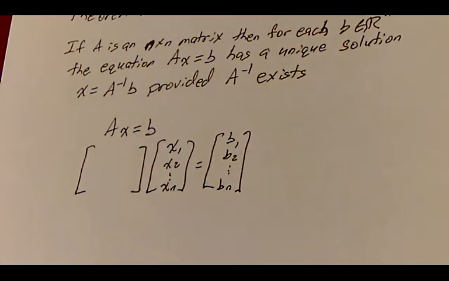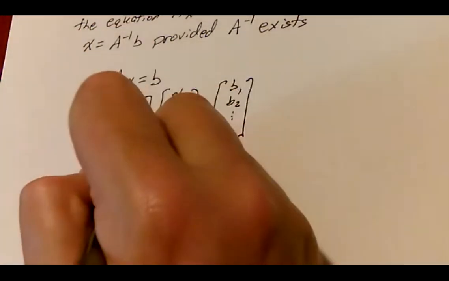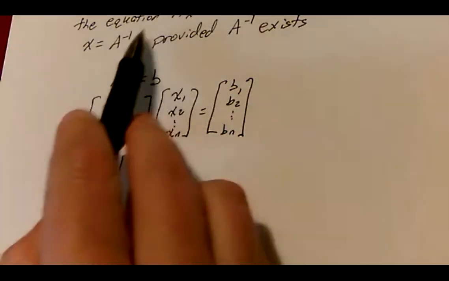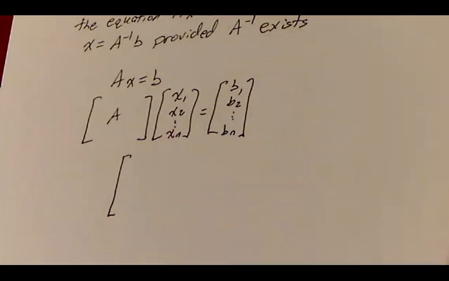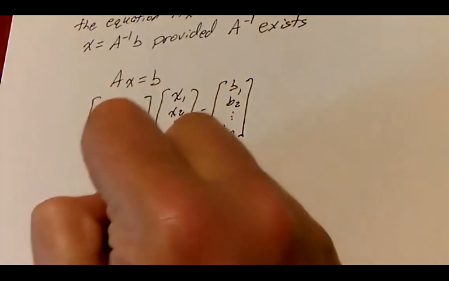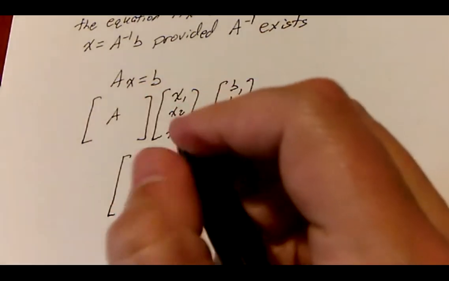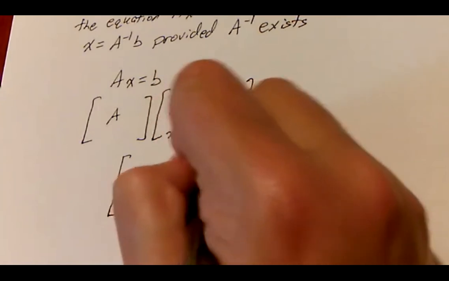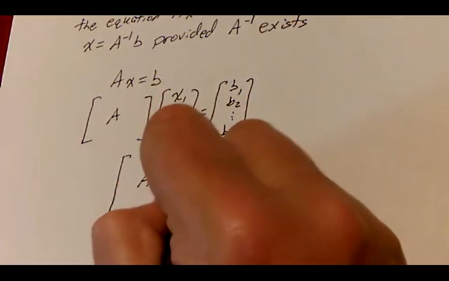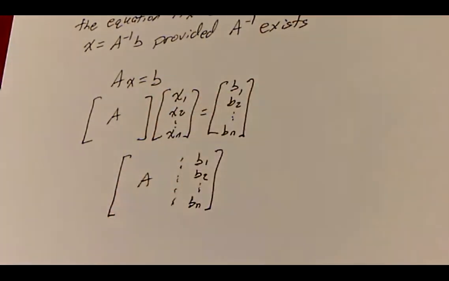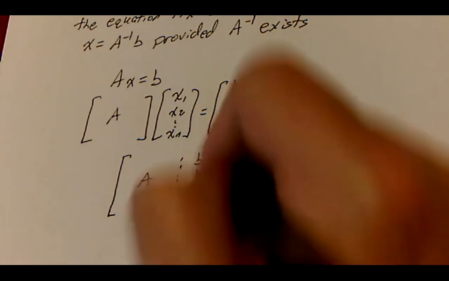Instead of doing this method, I can find this solution by taking A and augmenting it with the vector b, and I row reduce this.